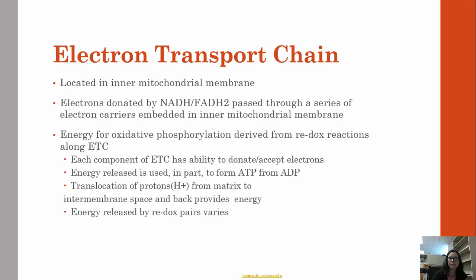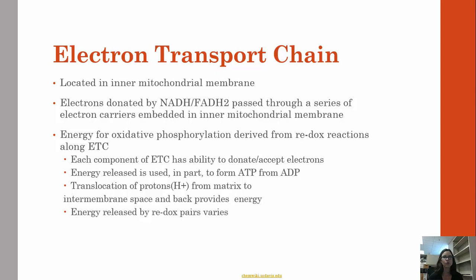As I said, the electron transport chain is located in the inner mitochondrial membrane. Electrons are donated by our first acceptors, then donors, and pass through a series of electron carriers embedded in the membrane. And this creates energy derived from the redox reactions along the electron transport chain. Each component of the electron transport chain has the ability to donate and accept electrons.